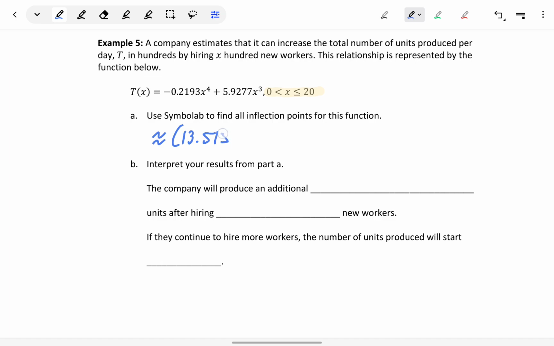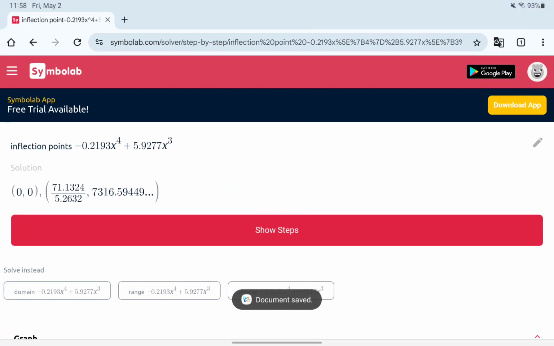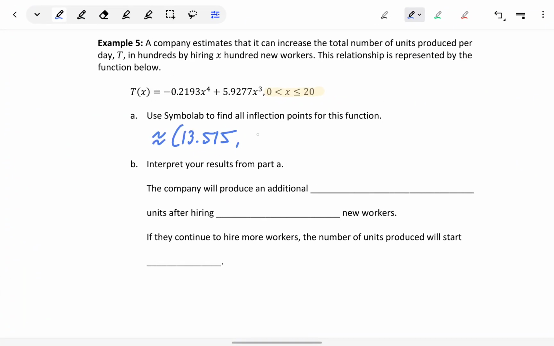13.515, which we get from plugging that sort of fraction value in and getting that decimal approximation, comma 7,316.5945. Both of these values are in hundreds, so X is 100 new workers, and T, the value for T in hundreds, is total number of units produced.